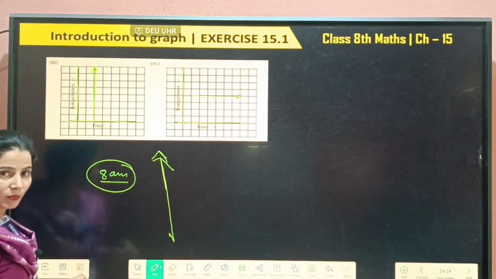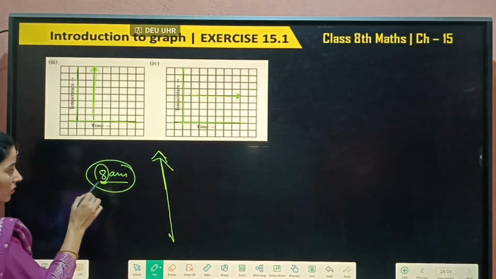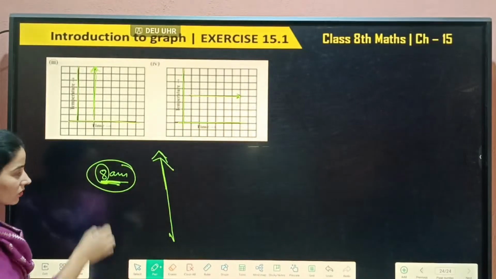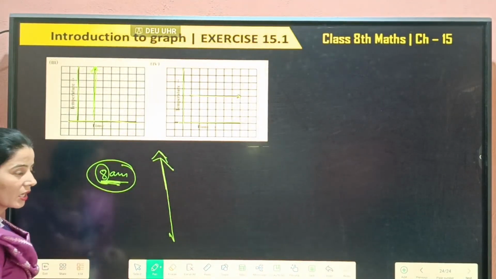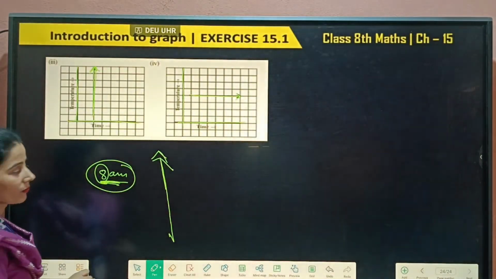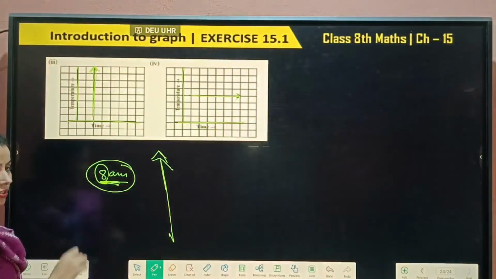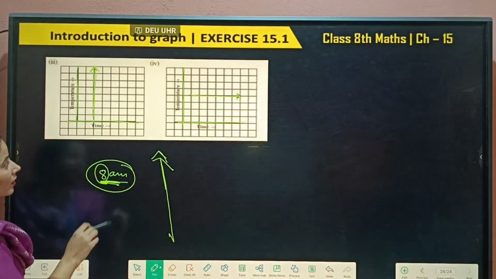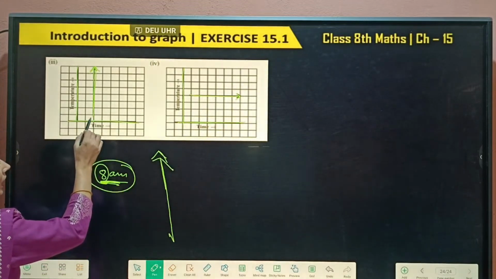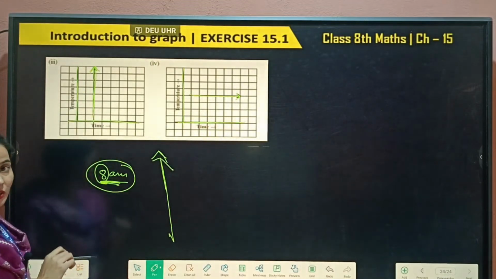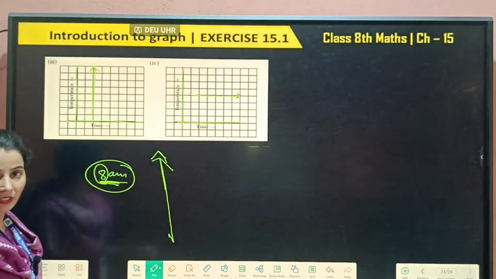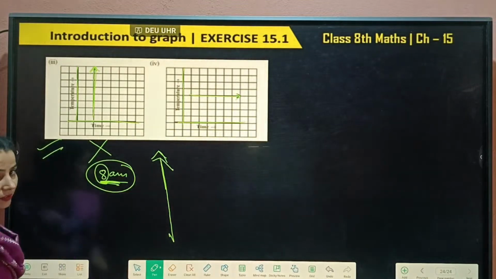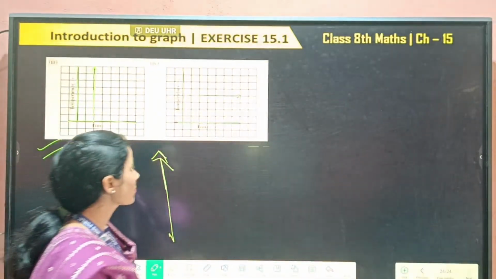How can it be possible? At the same time the temperature can't increase. If there is a change in time, then we can see a corresponding change in temperature. At a fixed time, temperature can't keep increasing. So this is not possible. Such a possibility doesn't exist. Let us see the next part.